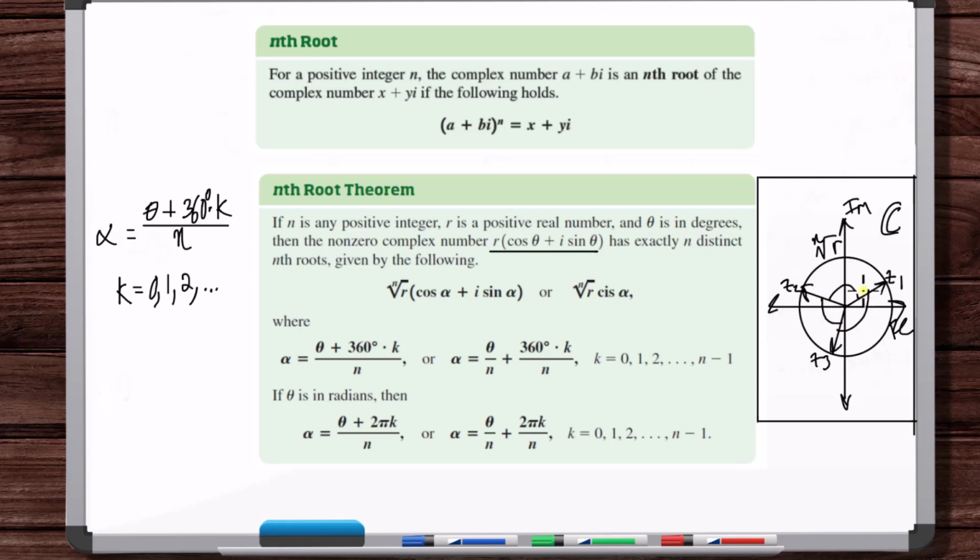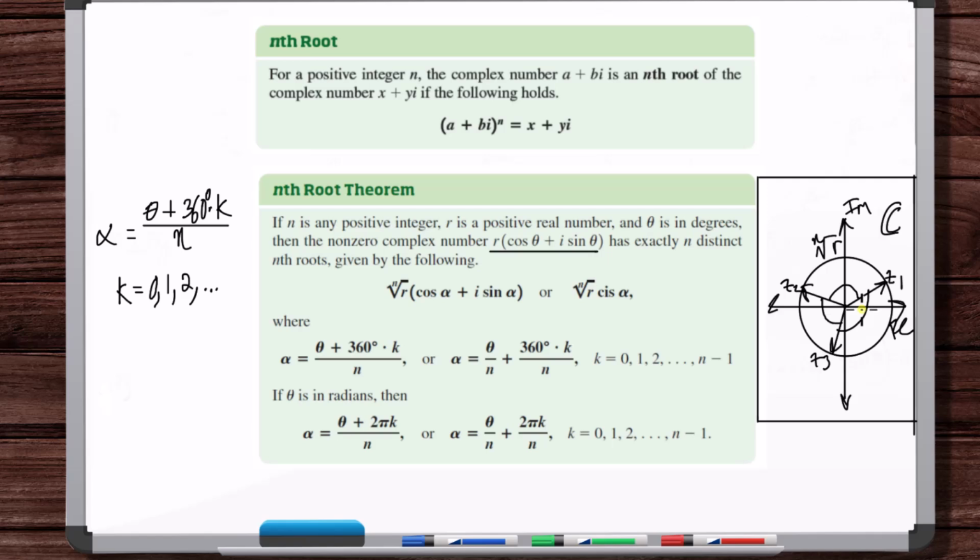They're equally spaced. Since there are going to be 3 roots and a full circle is 360, you divide 360 by 3, so the spacing between each of these is 120 degrees.